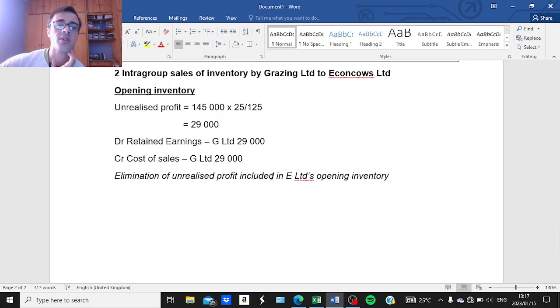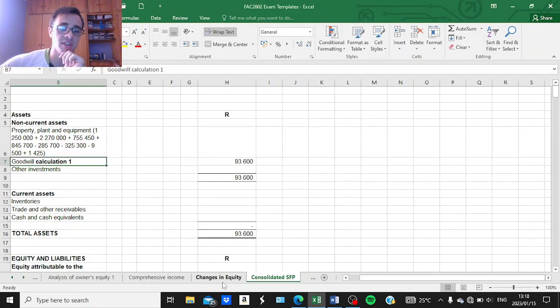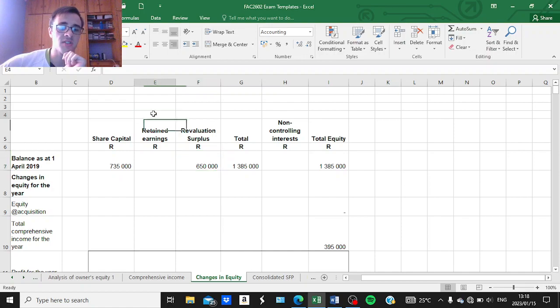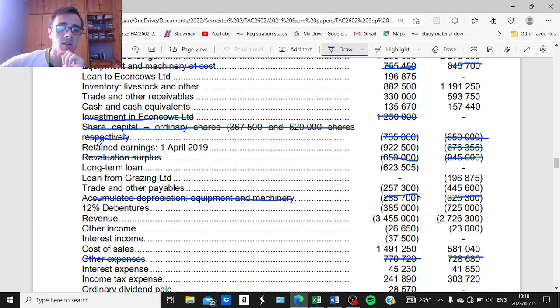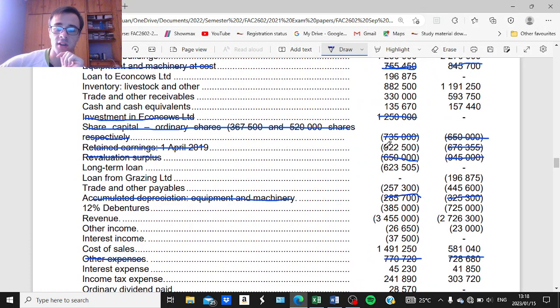Right, so let's make all the necessary adjustments. Firstly, we need to debit the retained earnings account of the parent. We will not show this in the analysis of earnings equity because the retained earnings of the subsidiary is not affected. However, we will make this adjustment in the opening balance calculation of the retained earnings column in the consolidated statement of changes in equity. So you first need to take note of the opening balance for the parent, which has been provided in the trial balance, which is 922,500.